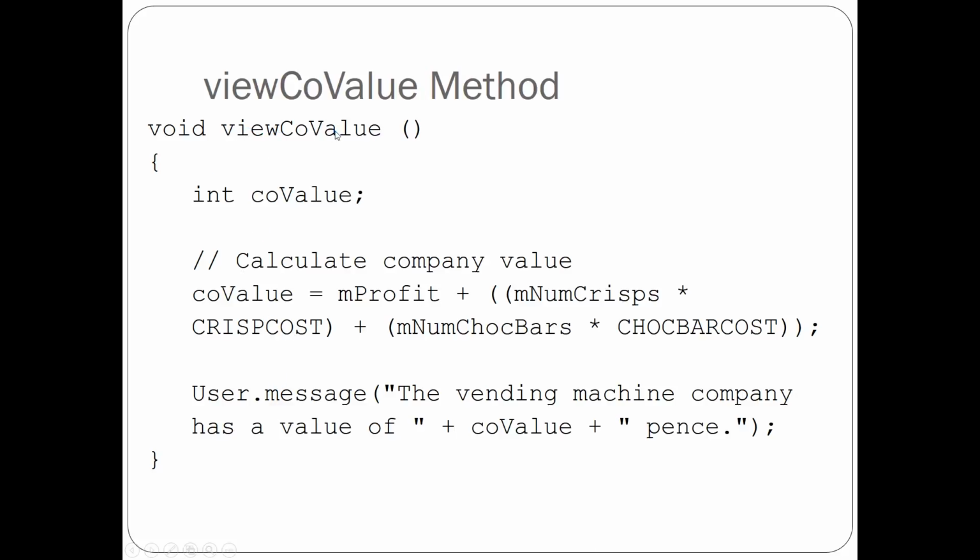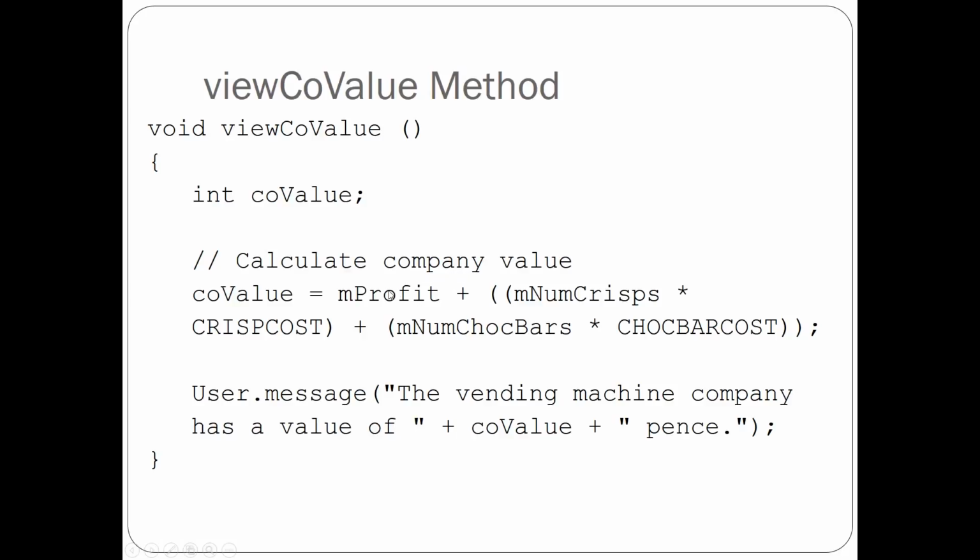Here's exactly how it's going to work. Here's our method, viewCoValue, and we've declared the local variable as an integer called coValue. The company value is the amount of money in the machine. We add on the value of crisps in the machine multiplied by the cost it cost us to buy them, and we also add on the number of chocolate bars in the machine multiplied by the cost of a chocolate bar at cost price as well.